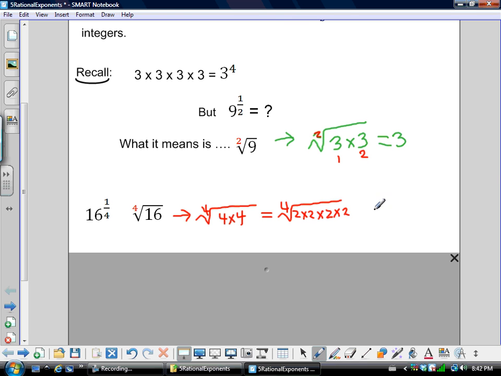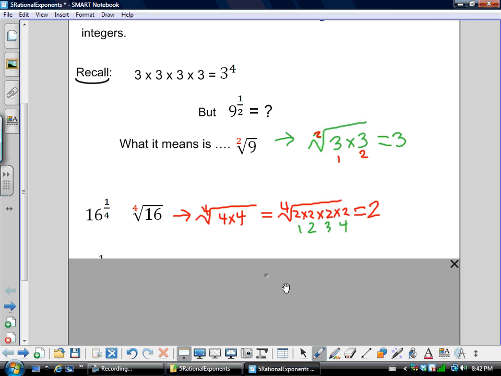So the answer to 16 to the power of 1/4, or the fourth root of 16, equals the number 2. The reason being is I have 4 of them. 1, 2, 3, 4.